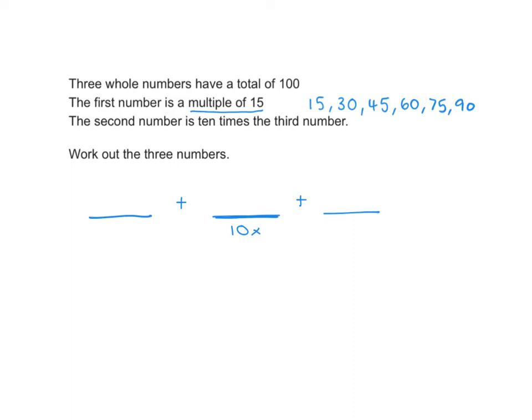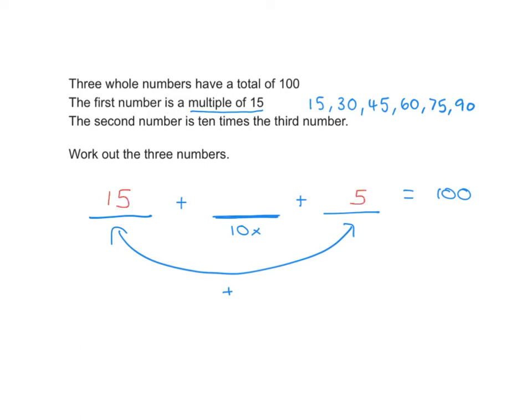So I've got to be really careful now. This number here has to have a 0 on the end, which means these two numbers, because I've got to make 100, must add up to a multiple of 10. So it gets quite confusing. If this was 15, what would I have to add on to make it a multiple of 10?